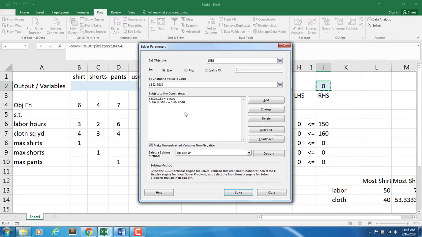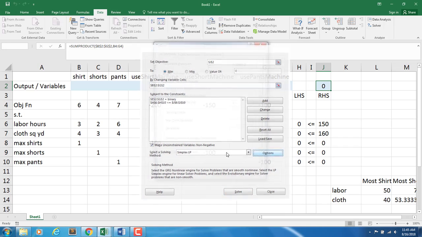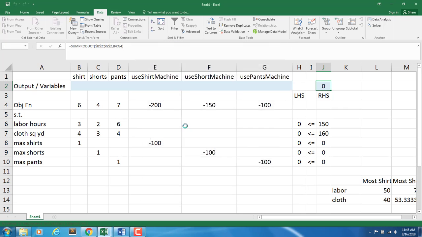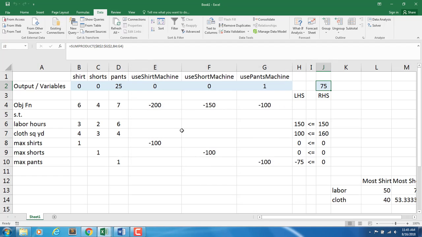Click OK, and now I see I'm going 6 through 10, which is right. And now let's go 0 here just for fun, and then solve. Click OK.